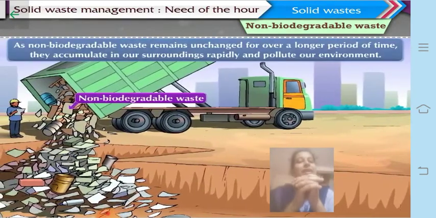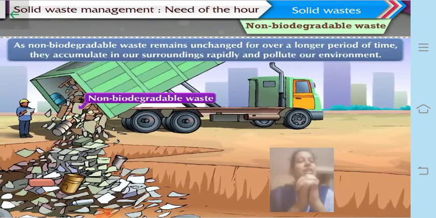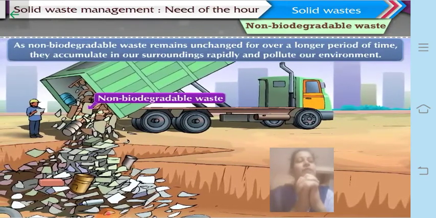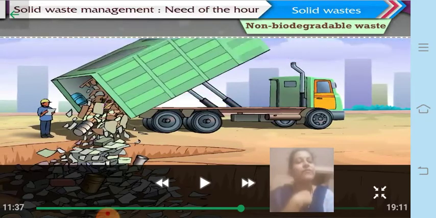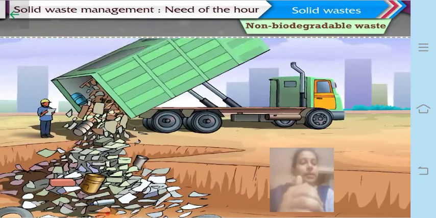Non-biodegradable waste remains unchanged for a long period of time, so it accumulates in our surroundings rapidly and pollutes our environment. Plastic cannot be decomposed, and it takes around lakhs of years to degrade.